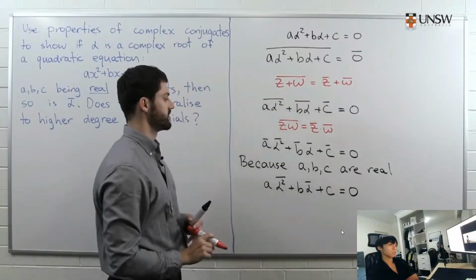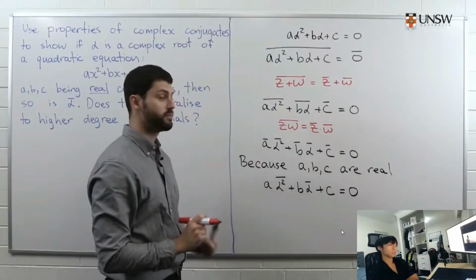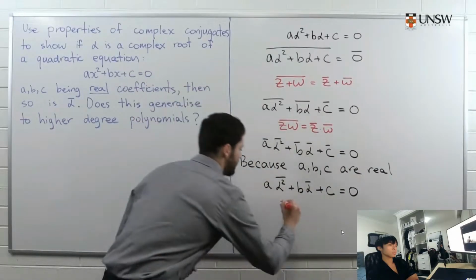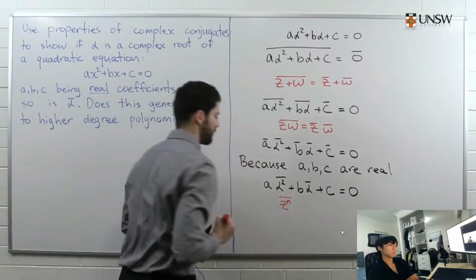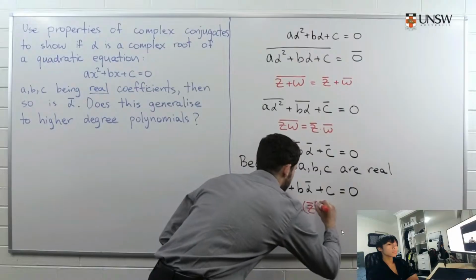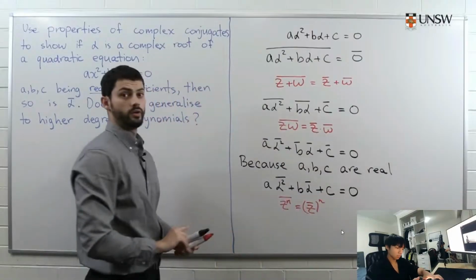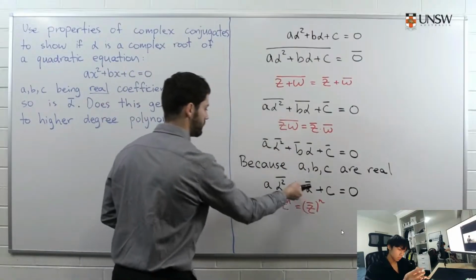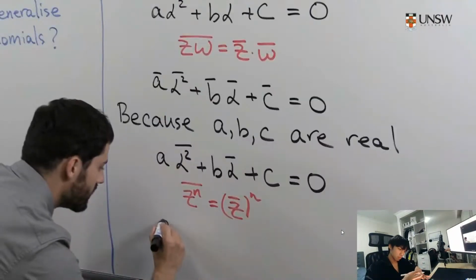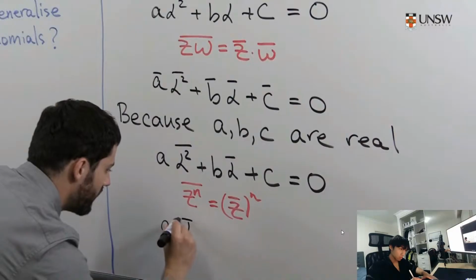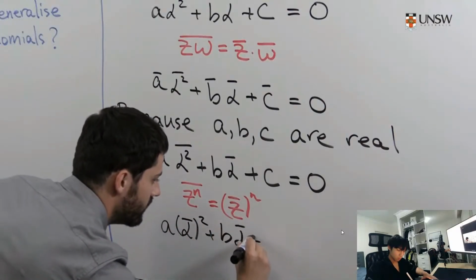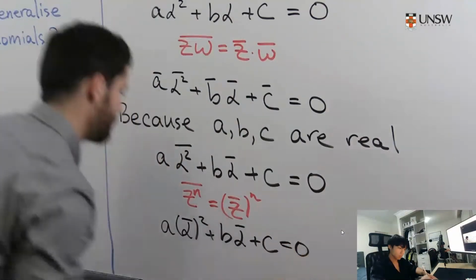But luckily, again, there is another rule about complex numbers which we can use here, and that's the fact that if you take a complex number, raise it to some power, and take the conjugate, that's exactly the same as if you first conjugate and then raise it to this power. Now if we apply this rule, we only need to apply it to this coefficient here, so then we get A conjugate of alpha squared plus B conjugate of alpha plus C equals 0.